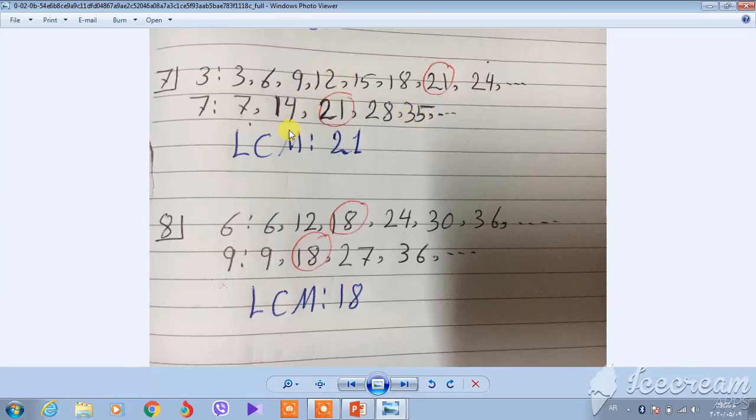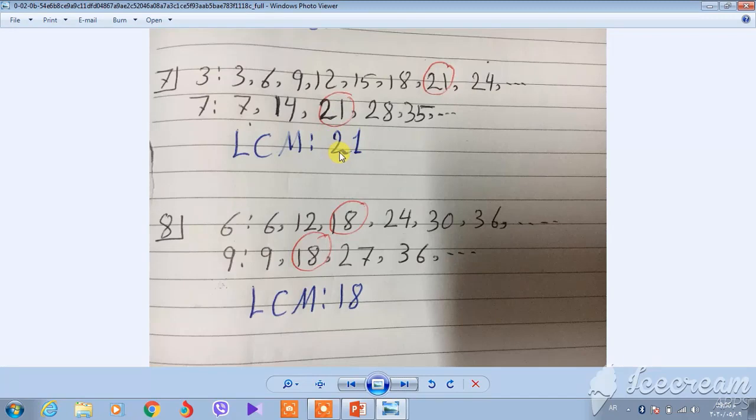Which one is least there, student? We have 3, we don't have it there, 6, 12, not there, 14, not there, 15, not there, 18, not there, we have 21. 21 is common, so which one is least? 21 is least common multiple.